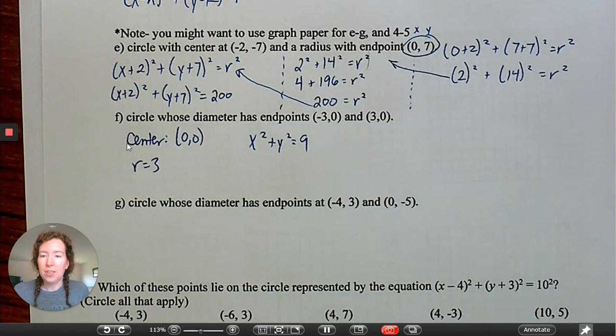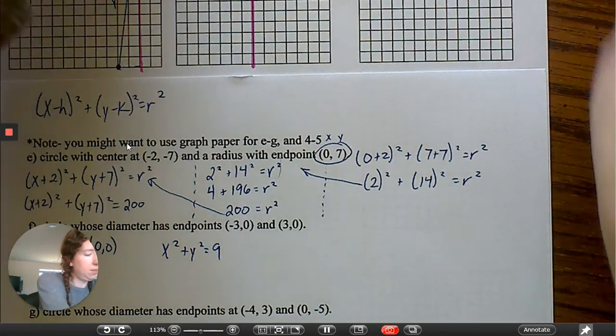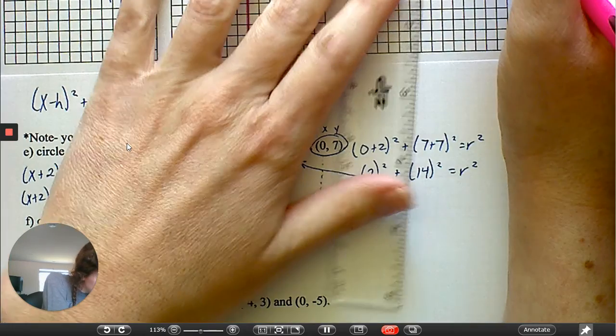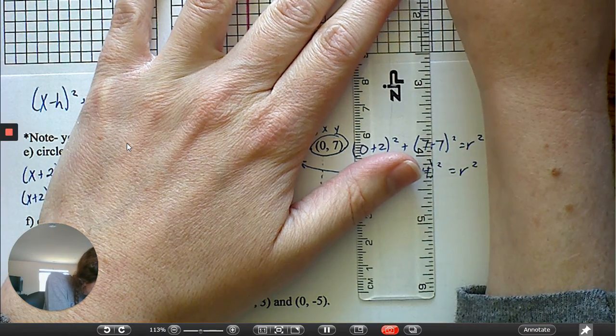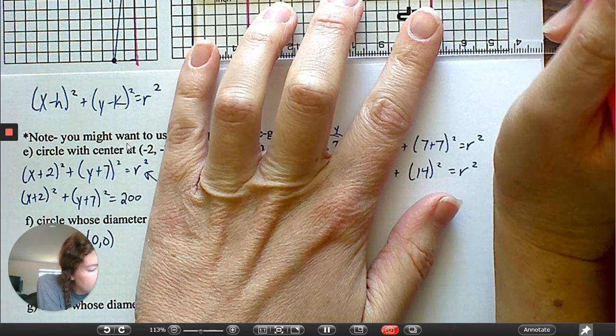We want to find the equation of a circle whose diameter has endpoints at (-4, 3) and (0, -5). Okay, let's graph this again. (-4, 3), (0, -5). Draw my axes.